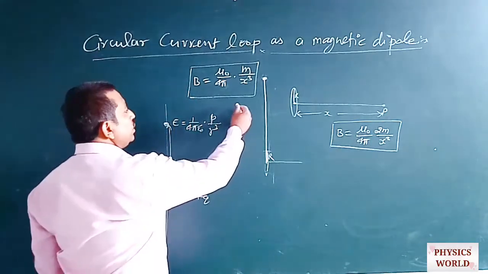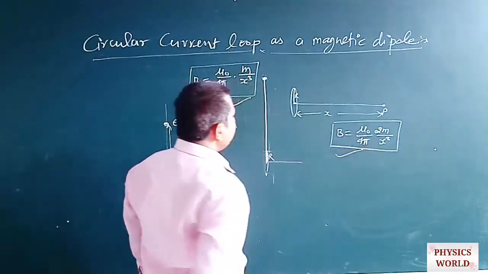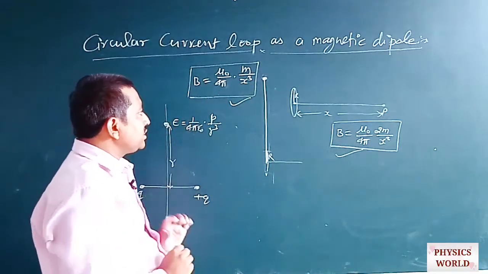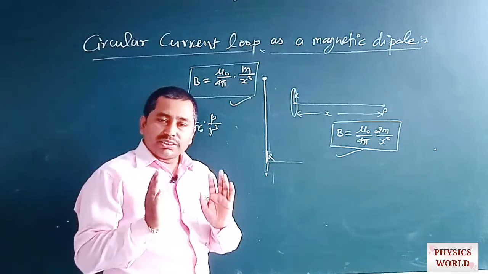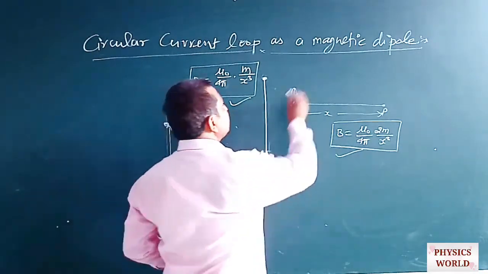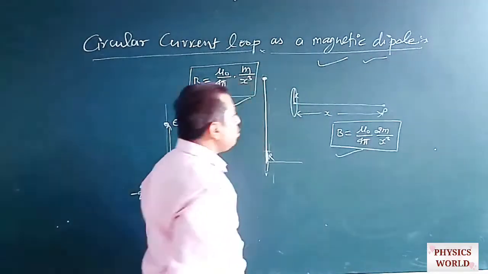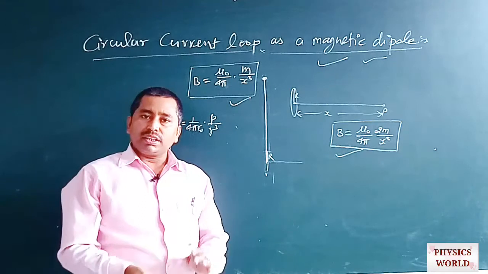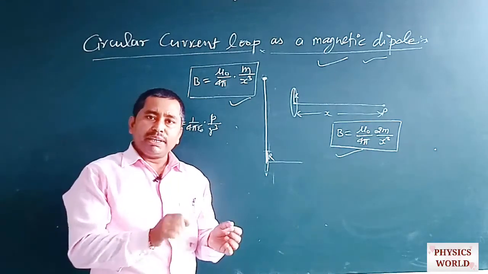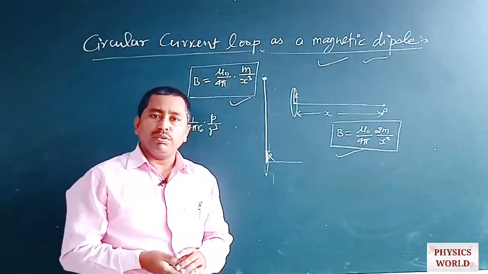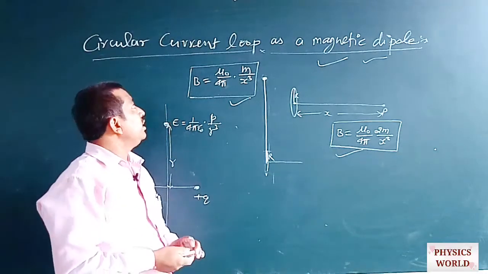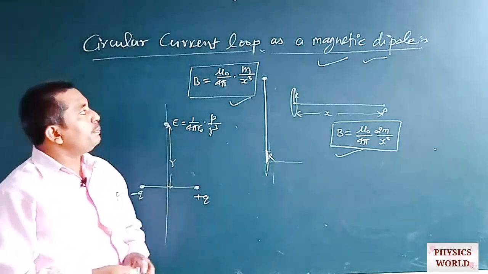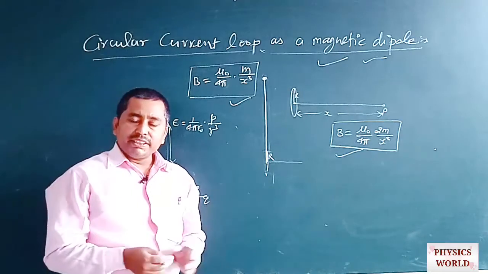So these two important formulas are obtained, and this provides us the knowledge that a circular current loop always behaves like a magnetic dipole, whose dipole moment m can be defined as the current flowing through the loop multiplied by the area of the loop. Okay, so this is all about how a circular current loop behaves like a magnetic dipole.